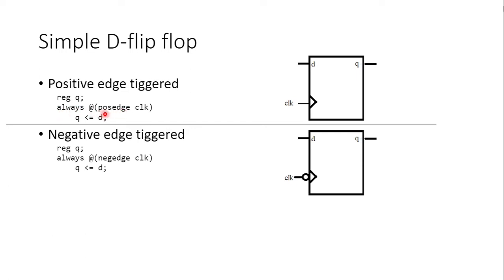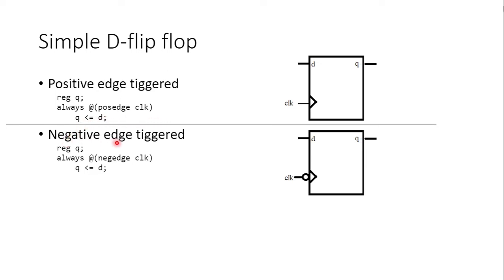So the flop will change its value at the positive edge of the signal named clock, CLK. So always at posedge CLK, Q non-blocking assignment D.